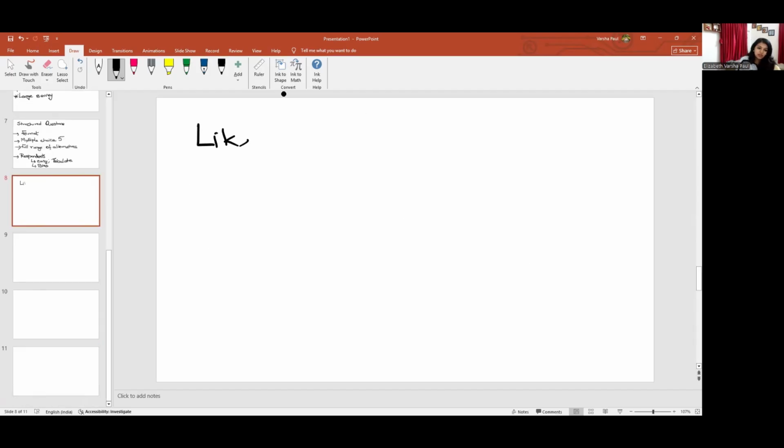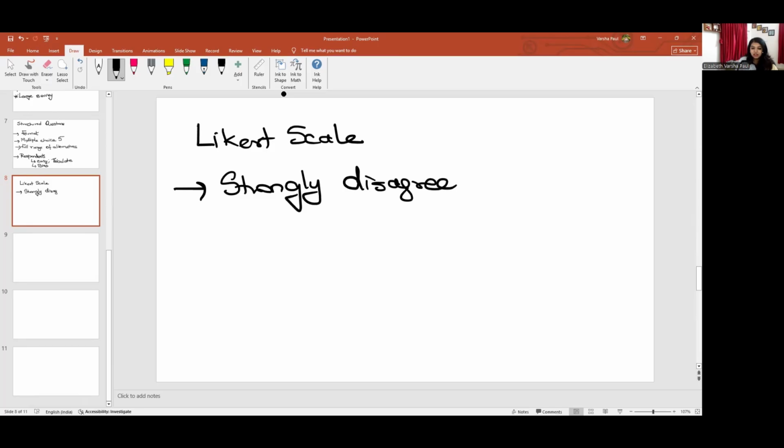Commonly used, you must be knowing the Likert scale, which is from 5 to 7. Usually it starts with strongly disagree to strongly agree. So you can give your degree of agreement by clicking the responses. This is very common, and I think most of you must know about it.